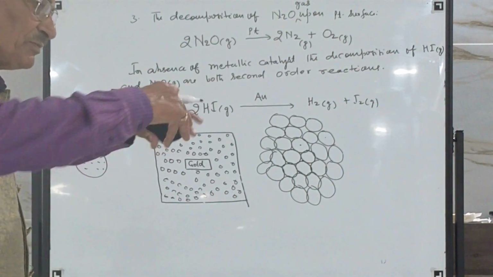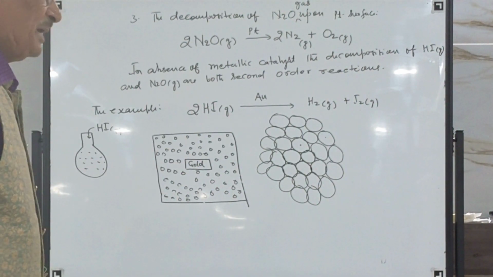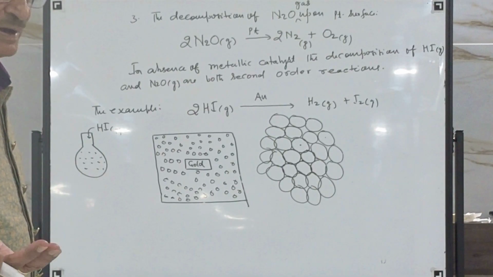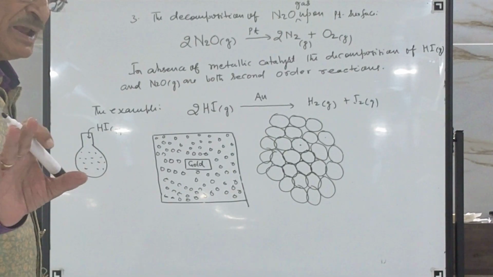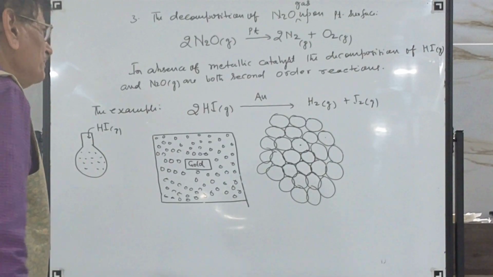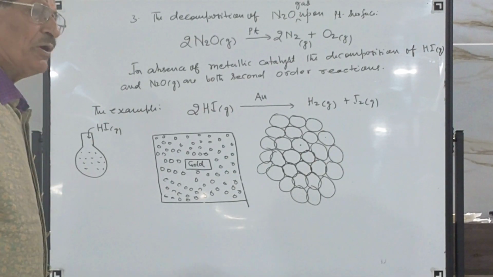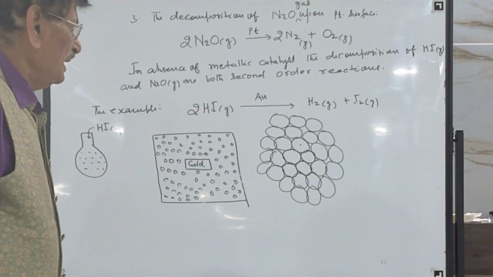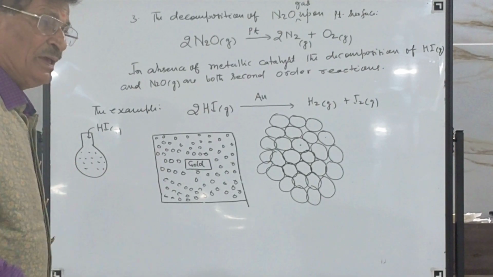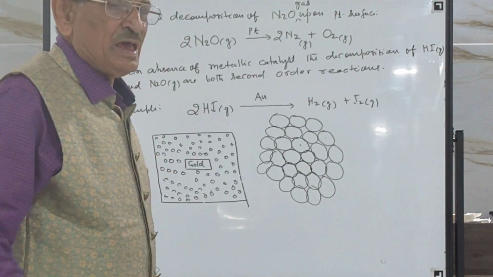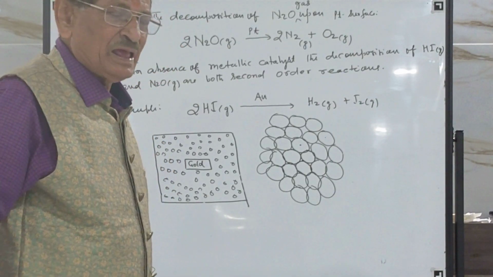That is, it is attracted by six atoms, but an atom on the surface is surrounded by only four atoms. This means the valency of that atom on the surface is not saturated, not fully satisfied. This means some free valency, some free attractive force exists on the surface.